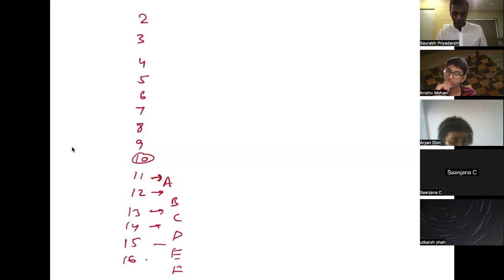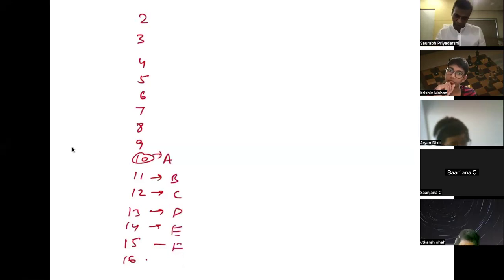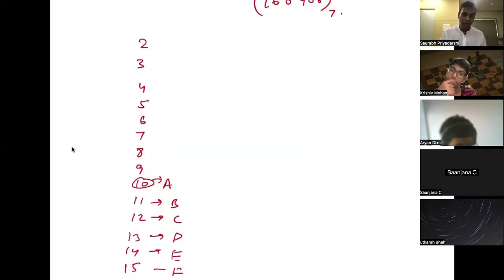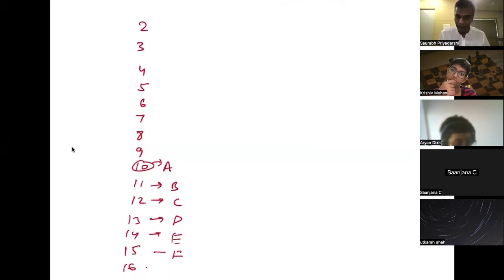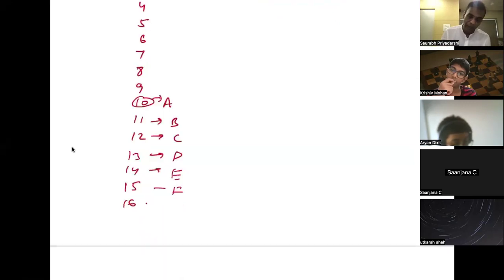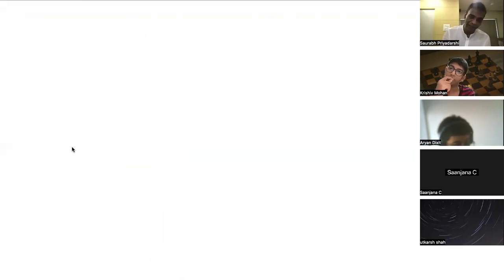If it is up to 9, then 10 is the base, right? If I'm going greater than the number 10, then we have to take A, B, C, D, E, F and all, right? So how to write down the numbers if bases are greater than that, we have to understand. And if I'm not giving the base, then we have to write down the numbers in some other way, right? These two things we are going to understand.